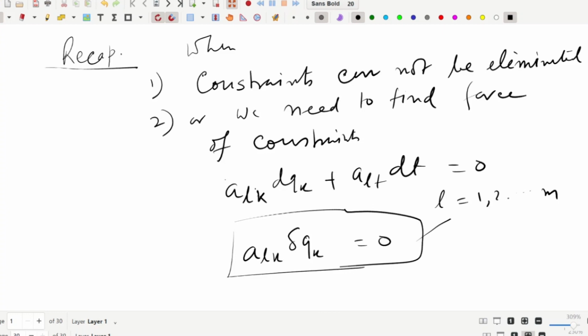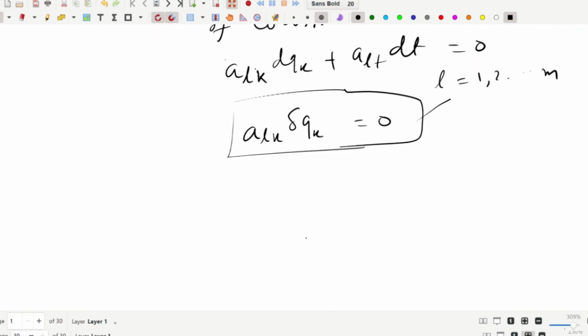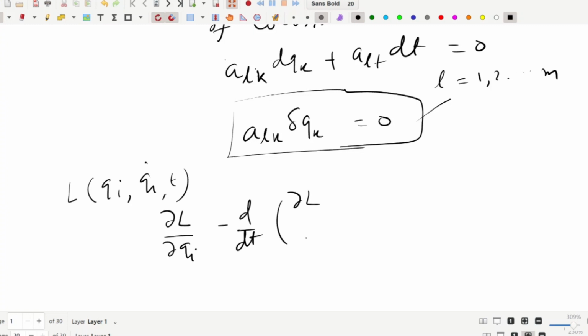If you have a constraint of this kind, where delta q_k is virtual, and a Lagrangian which depends on q_i, q_i dot and t, then through the Lagrange multipliers method we have derived that the equation of motion can be written as del L del q_i minus d/dt of del L del q_i dot plus sum over l of lambda_l a_li equal to 0, for i equal to 1 to n.